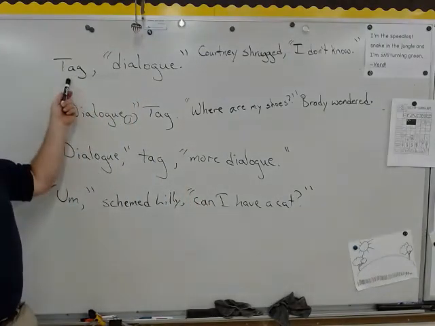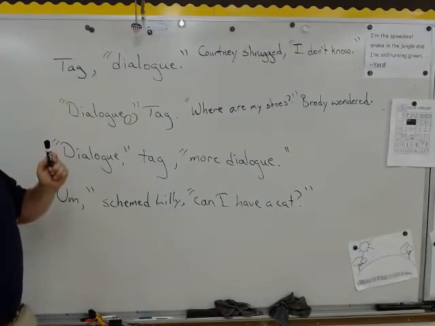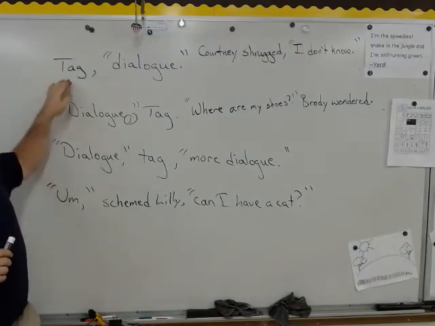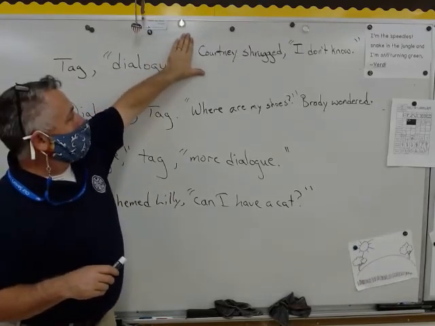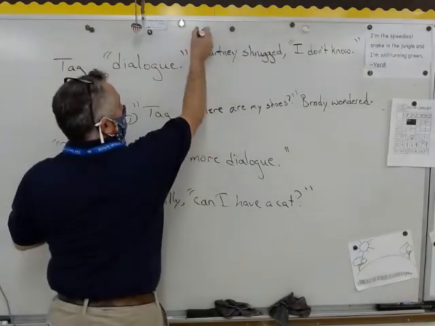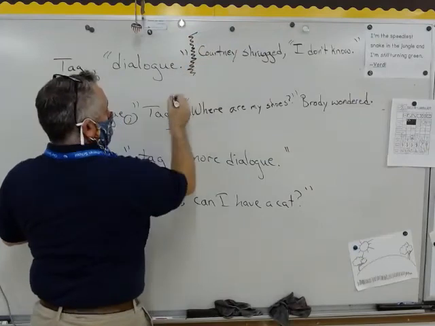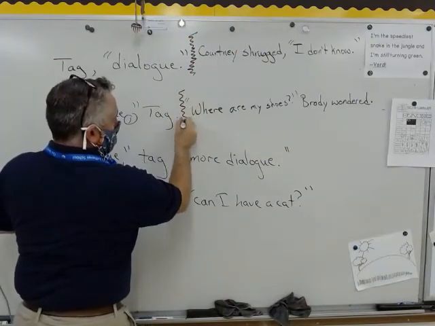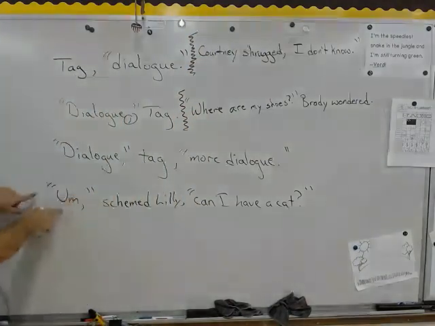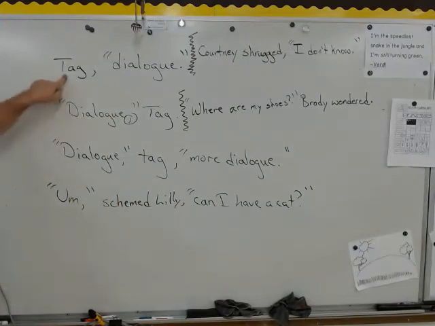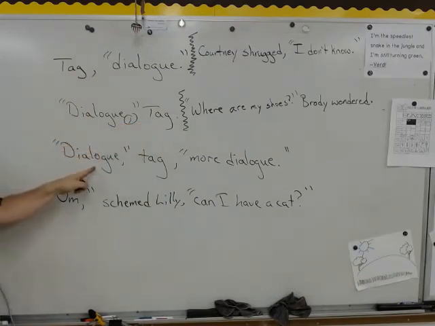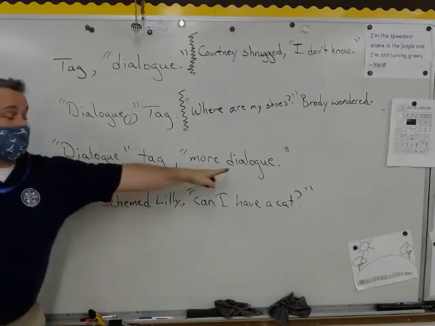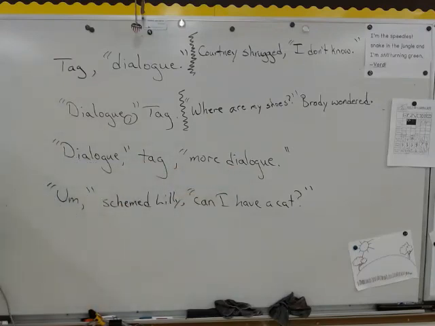Why are there 2 tags that are in the back and that one's in the front? Well, this one's in the front because the tag is going to be in the front on this one. And then this one's underneath. So the tag at the beginning, and then what they say, and then the tag, part of what they say, the tag, and then the rest of what they say. Okay, that makes sense.